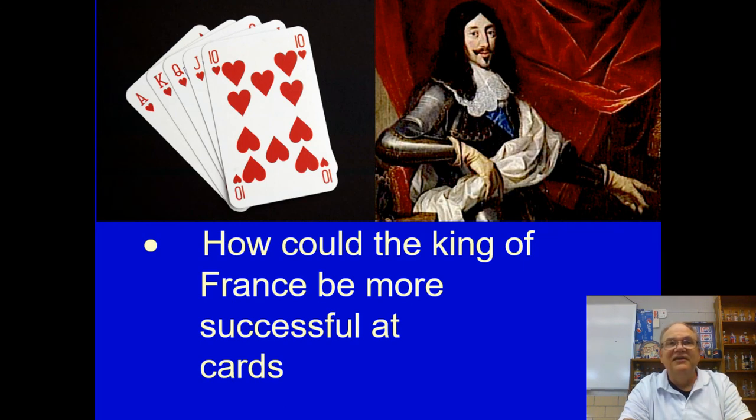One of the things he did is he worked out the exact odds of getting every possible hand in poker. And then he worked with the king and sort of coached him on how to be a better gambler, how much he should bet and when he should bet, when he should fold. And by doing that, he actually was able to basically keep the French treasury alive and keep that country from going bankrupt.